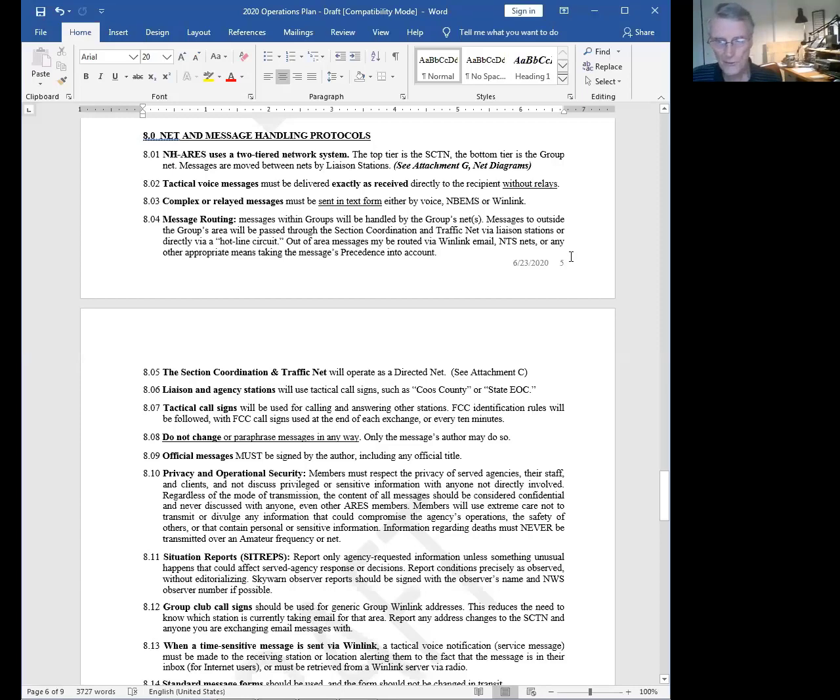One of the things for training and also for development is that people like George, N1GB, should probably become familiar with this and have input, because he is really doing the training for us on the digital modes. We don't have anybody doing training on WinLink per se at this point, other than at the Academy, which we're temporarily without.